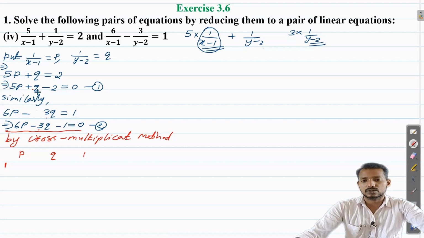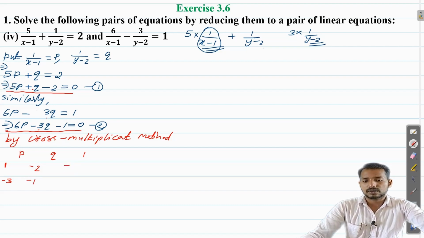I am considering these two equations. Similarly, c1 is minus 2 and c2 is minus 1. And a1 is 5, a2 is 6. Lastly again b1, b2, that is minus 1 and minus 3.